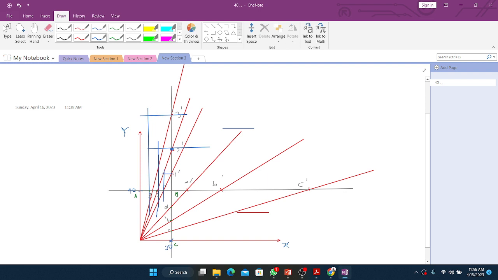Those horizontal lines you can draw. The same way you want to draw horizontal lines through a dash, b dash, c dash.